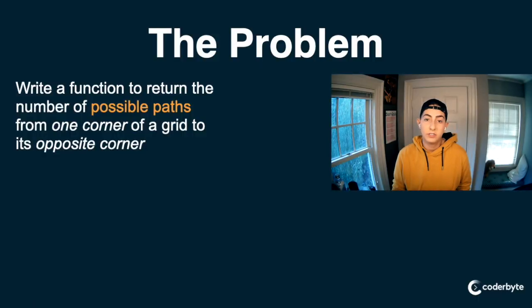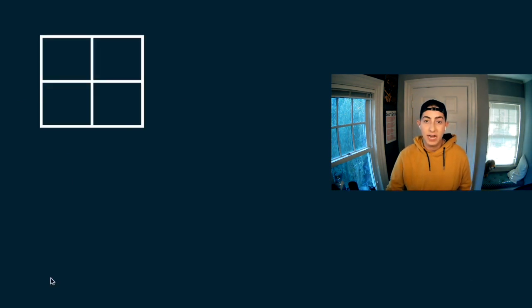Write a function to return the number of possible paths from one corner of a grid to its opposite corner. Okay, so let's look at an example, what we possibly mean by grid and what we mean by possible paths, one corner to another. Here we have a small 2x2 grid. What do we mean by corners?